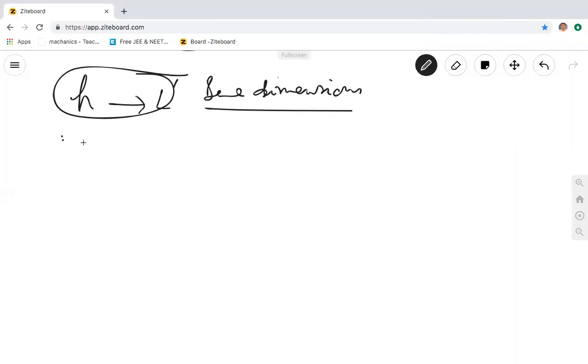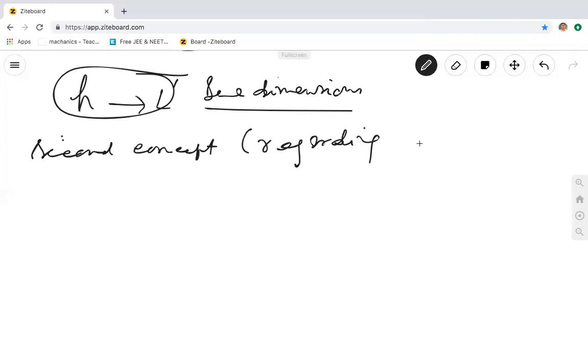But now there's a second concept. This was the first concept. Now the second concept regarding dimensions. What is that second concept regarding dimensions? That second concept is homogeneity of equations.